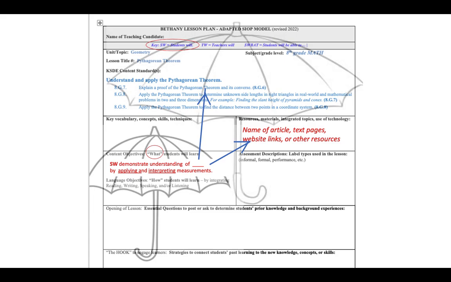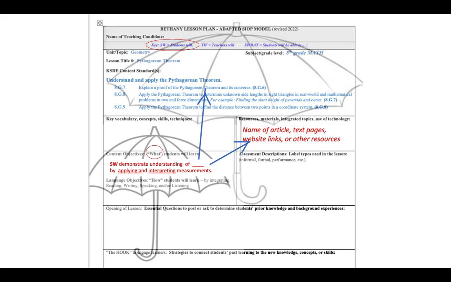The next important thing we will do is to develop the content objective. And if you remember, the content objective is what the students will learn. You will get an idea of what the content objective is by looking at the overall umbrella term, and then the little umbrella is even more specific.